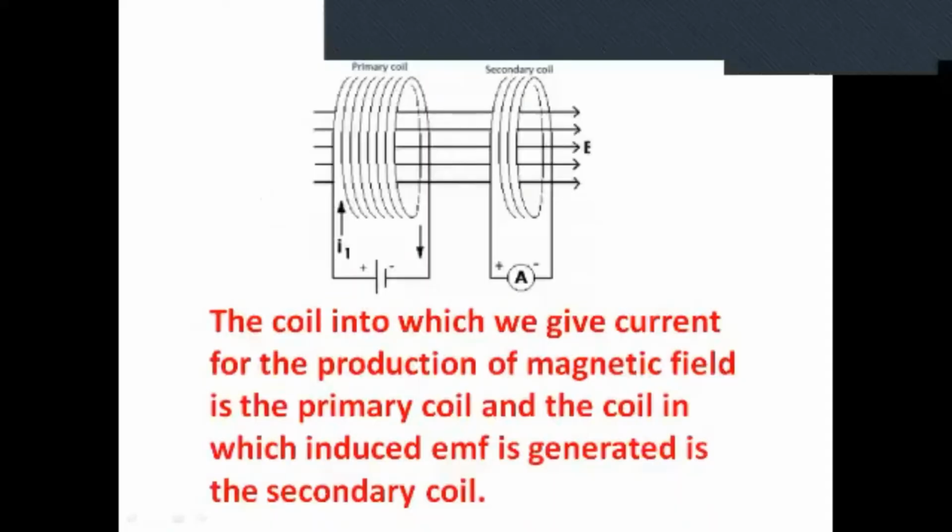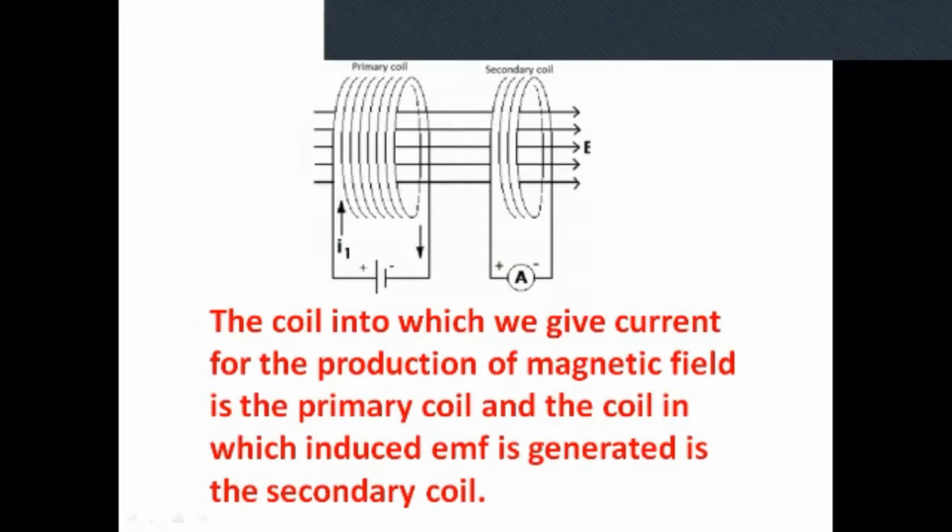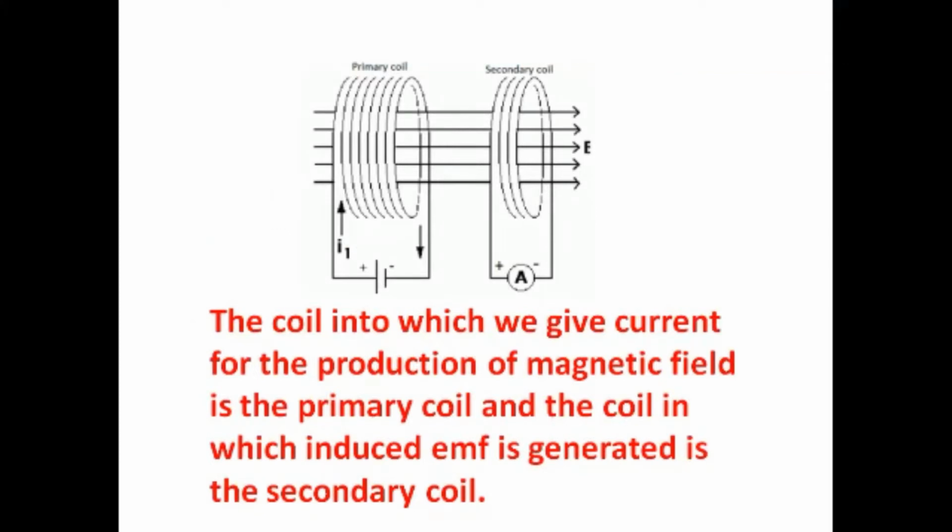I think all of you have seen the image of a coil wound on a soft iron. The coil into which we give current for the production of a magnetic field is the primary coil, and the coil in which the induced EMF is generated is the secondary coil. So here we see a primary coil, and that primary coil has a switch and a cell, and this coil produces the magnetic field, and that coil is known as the primary coil.